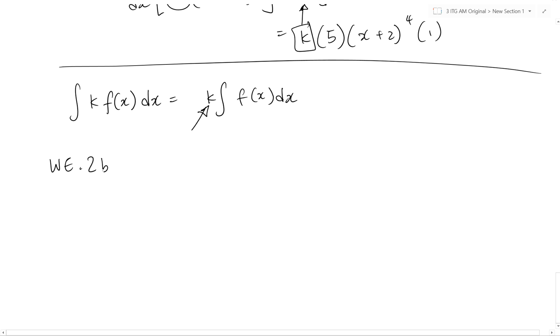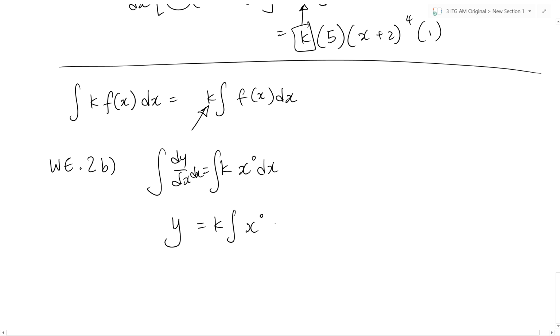Let's try part B. So we're given that dy/dx is equal to k. Again, there is no x term, but we know that this is actually x to the power 0. Okay, so when I integrate both sides with respect to x, my result will be y on the left hand side equals, bring out your scalar multiple, k times integral of x^0 with respect to x.